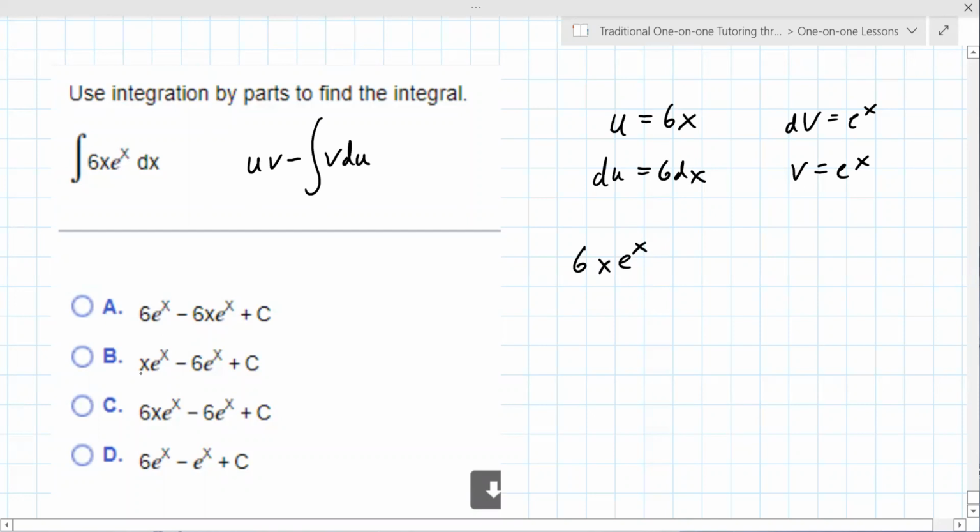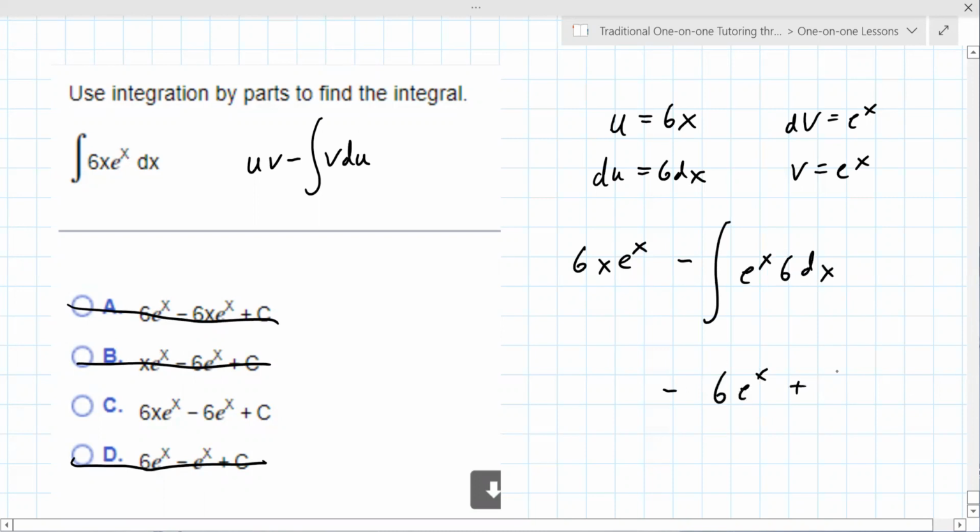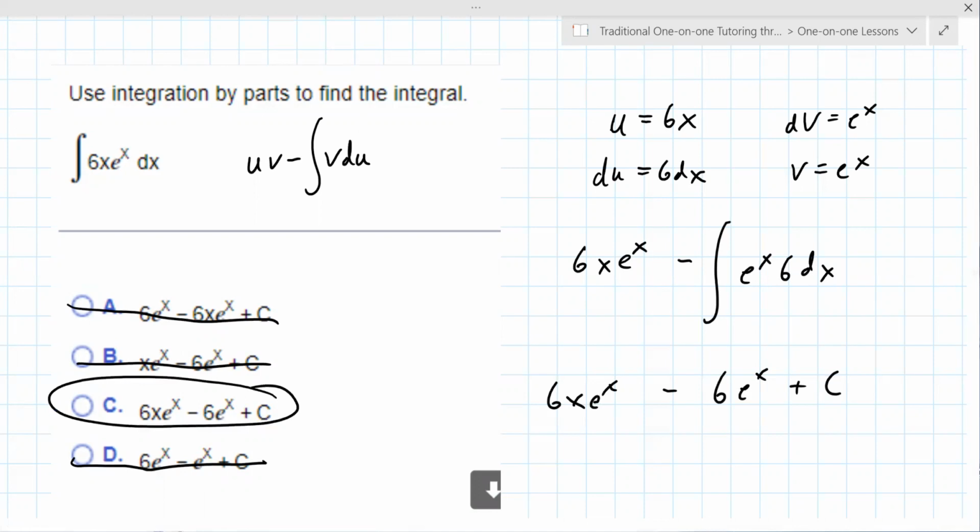So that gets rid of a couple of these answers, like just that one and that one and that one. Okay, we're in pretty good shape here. Minus integral e to the x, 6 dx. So that becomes minus 6 e to the x plus c. But we got rid of a bunch of them with that there. Nice.